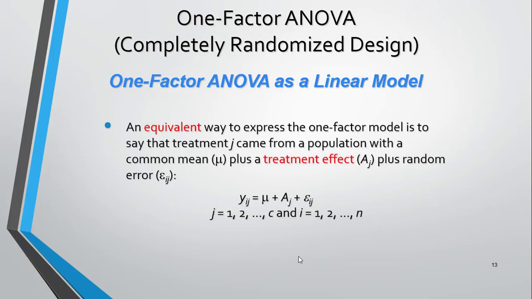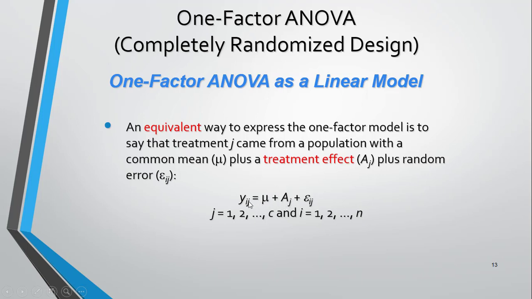One-factor ANOVA is actually similar to a linear model. We'll talk about linear regression later on, but an equivalent way to express the one-factor ANOVA model is to say that the observation in treatment j came from a population with a common mean mu plus the treatment effect A plus the random error. So Y, the dependent variable, equals mu plus the treatment factor plus error.